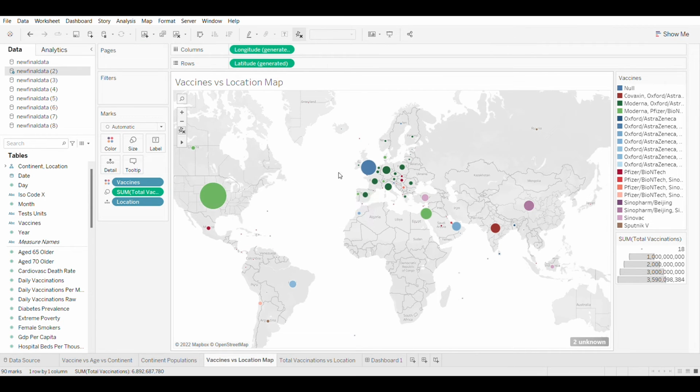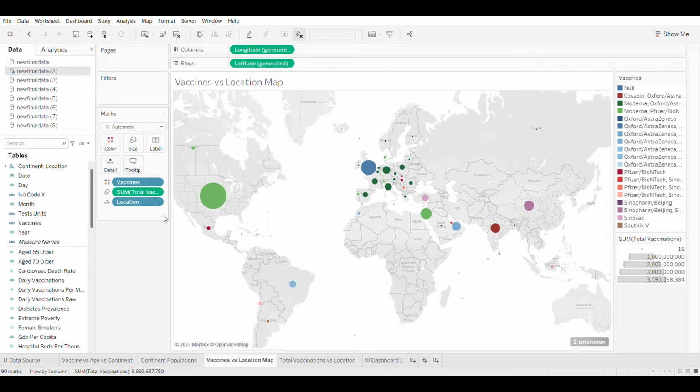So when we compare the United Kingdom, in that country the vaccine used was Oxford AstraZeneca. There the total vaccinations figure, when we compare it to the United States, United States is bigger. So this has a bigger circle than this.